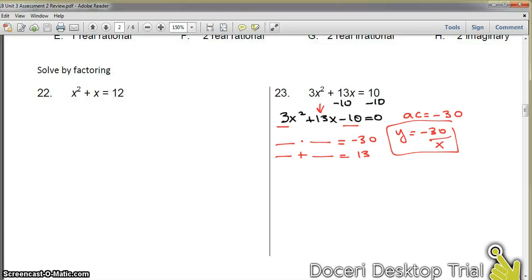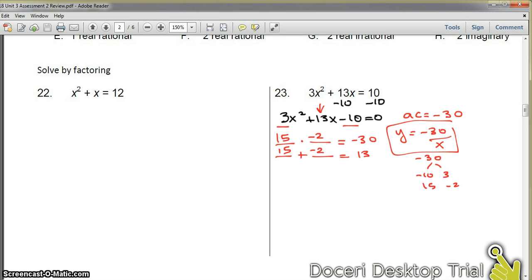Remember, in my pre-AP, you have to do this mentally, so you think of all those that multiply to negative 30, like negative 10 and 3, but they don't add up to 13. Now 15 and negative 2, oh, they add up to 13, so those are the numbers you want. So 15 times negative 2 is negative 30, and 15 plus negative 2 is 13.